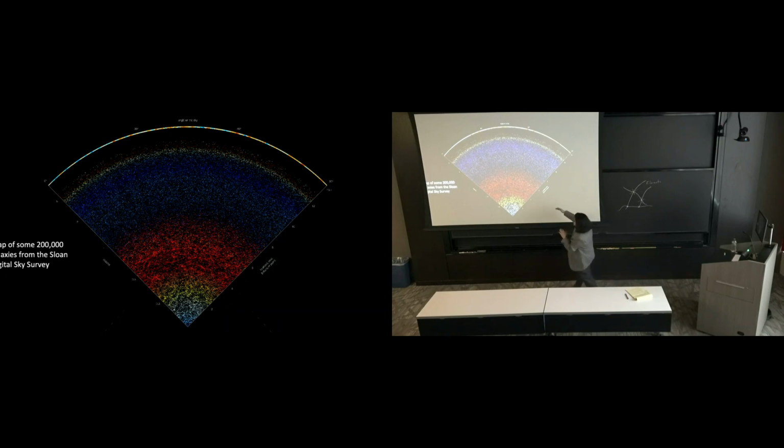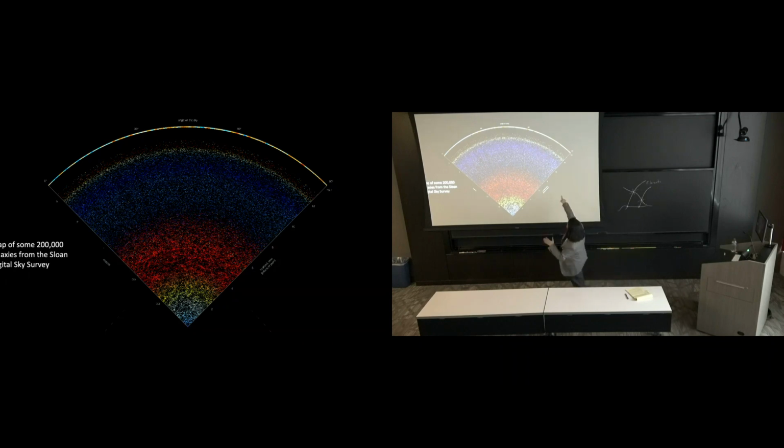When we're looking at more and more distant galaxies, we're looking farther and farther back in time, and you can see already from this image that there's some sort of structure. It's not entirely homogeneous. There isn't a constant density of galaxies everywhere, but there are some features, some lines, and some voids, some spaces where there are not many or any galaxies.